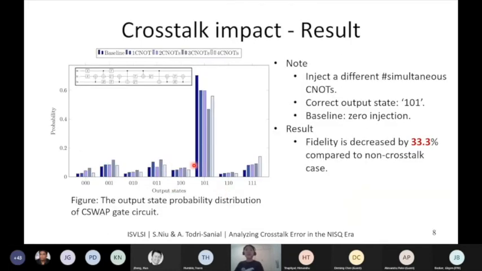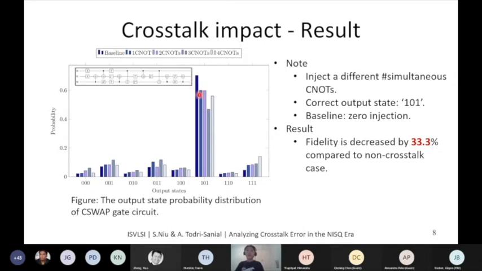Here is the result. We inject different numbers of simultaneous CNOTs, and the output is a distribution of different probabilities because of the noisy operations. The correct output state should be 101, which is the only output if we execute this circuit on a simulator. We increase the number of simultaneous CNOTs from 0 to 4, and we set the 0 injection as the baseline, which has no crosstalk.